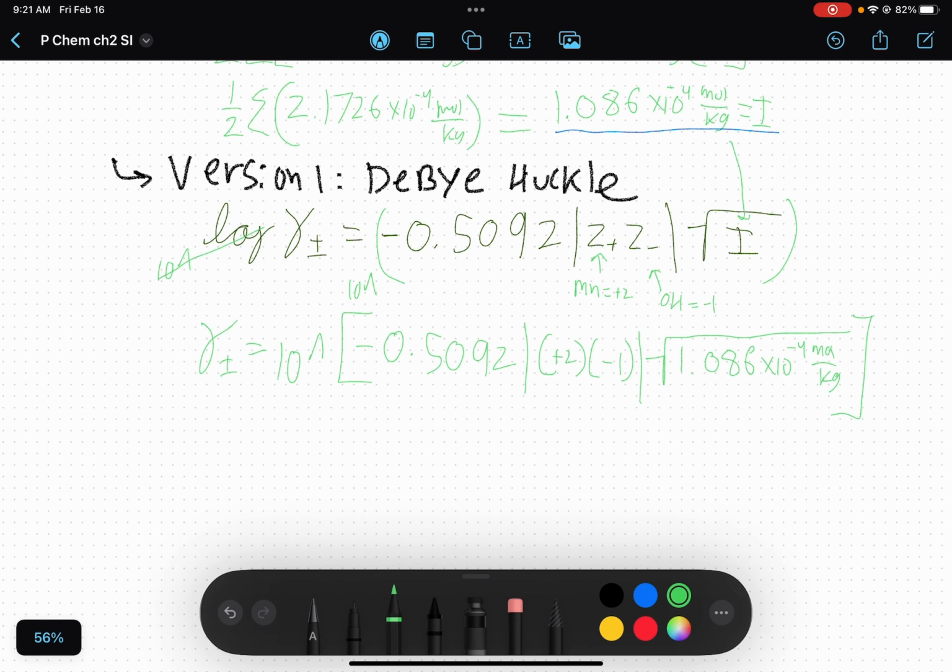And you could plug that all in, but I'm probably just going to do up until we do the 10 to the power of, just so people can... Alright. Negative 0.5092 times square root of 1.086 e to the negative 4.